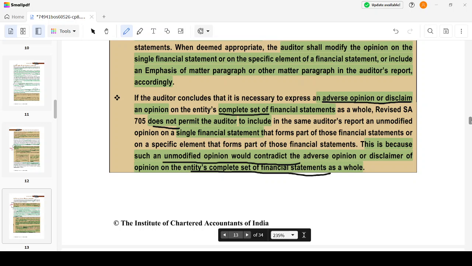Why this? This is because they are contradicting each other. I am giving an unmodified opinion on a particular element, and he is giving an adverse or disclaimer of opinion on another. So there is a contradiction between the two, and that will be confusing the user. So I should not publish it together. This is because an unmodified opinion would contradict the adverse opinion or disclaimer of opinion on the entity's complete set of financial statements.